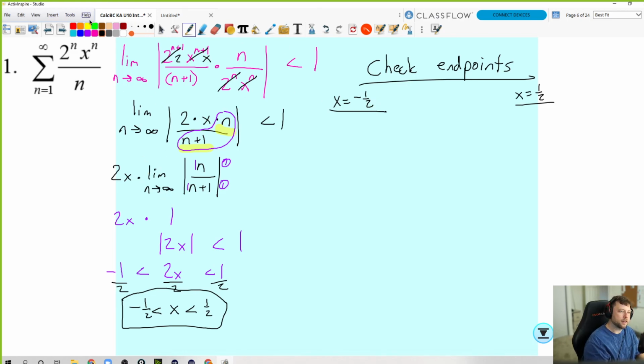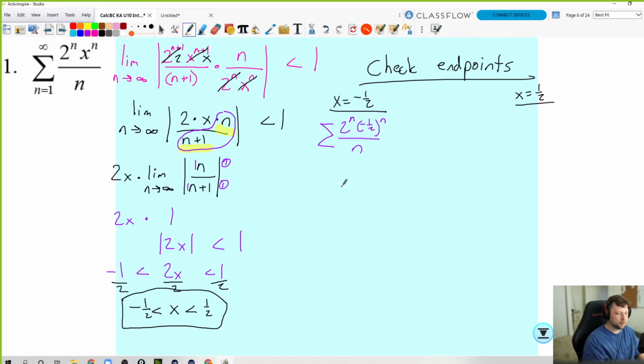So let's plug in -1/2. You plug in that -1/2. I'm going to get the series of 2 to the n times -1/2 to the n over n. Okay, that's 2 to the n, -1/2 to the n.